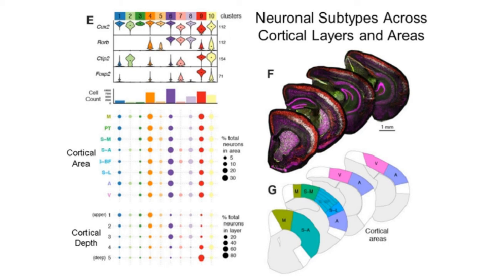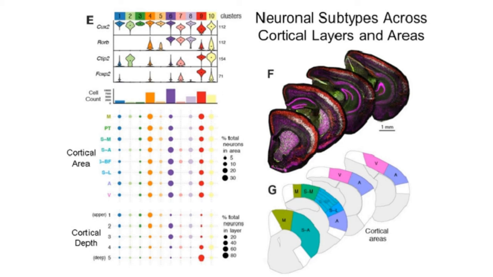What you're looking at here on the left is now the subtype analysis of this data. On the very top, you can see that our analysis has identified 10 distinct molecular combinations of these neurons. The violin plots in the middle show the expression patterns. What you're seeing on the right is now just an image of a few of these sections and the diagrams of the cortical areas.